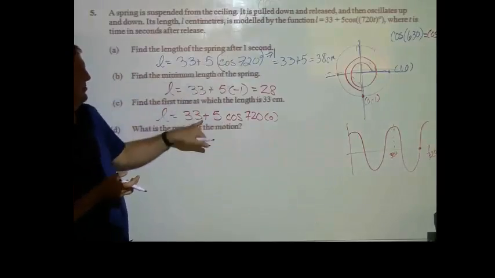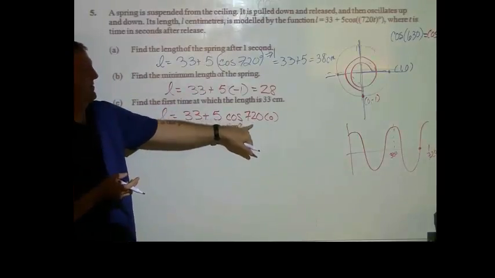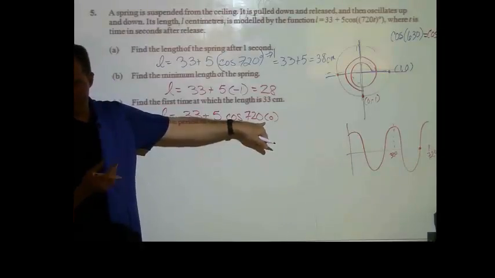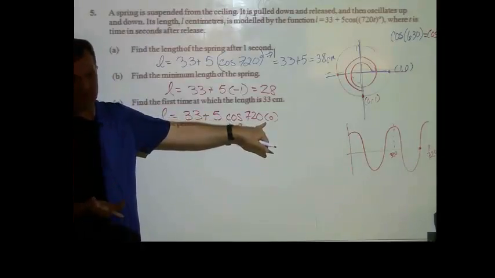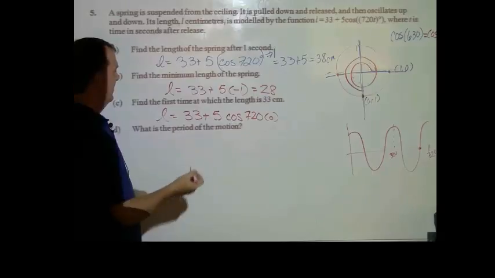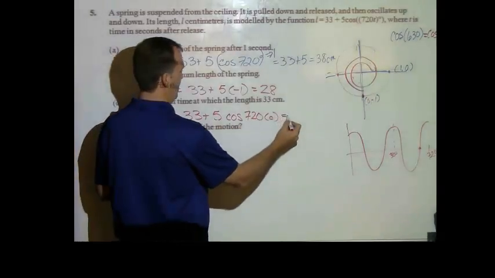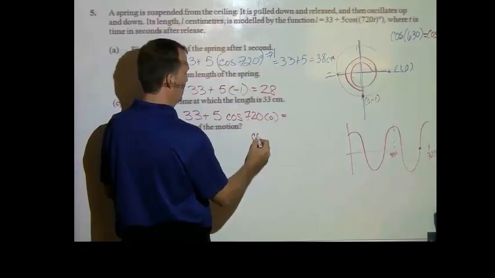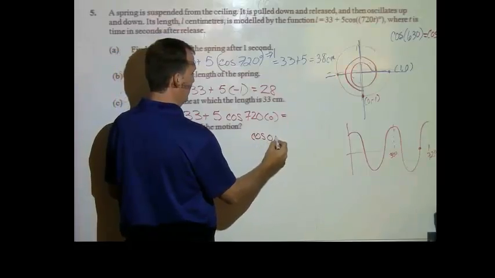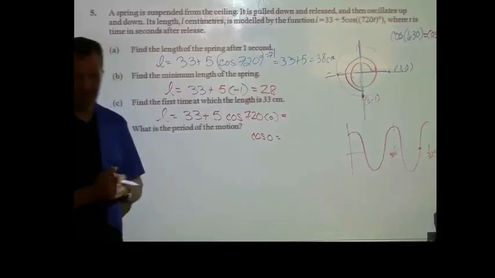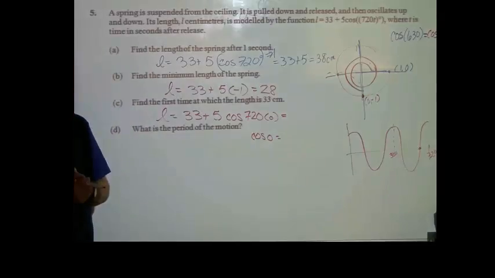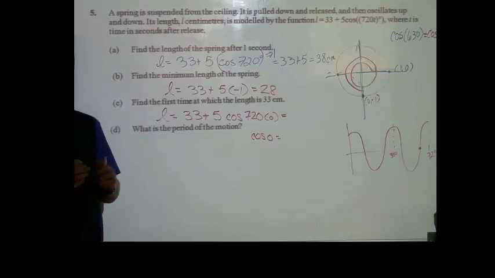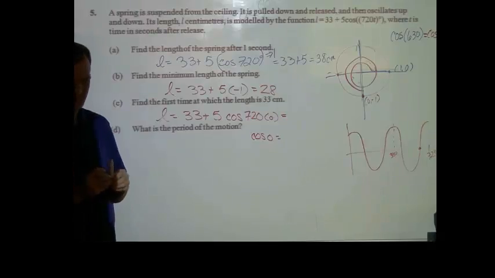The formula says 33 plus 5 times the cosine of 720 times t. She's saying t is 0 seconds. So the cosine of 0 is equal to 1.